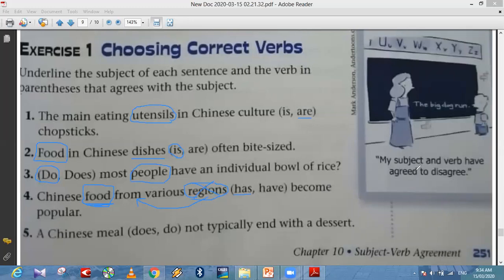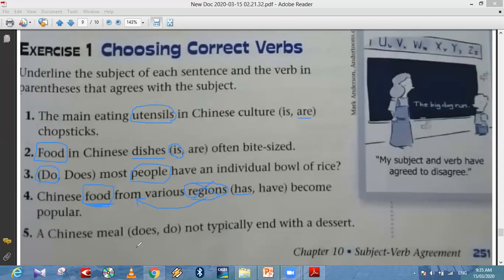Now you can speak. Okay. Hashim, can I speak now? Yes. Number 5. A Chinese meal not typically end with the dessert.